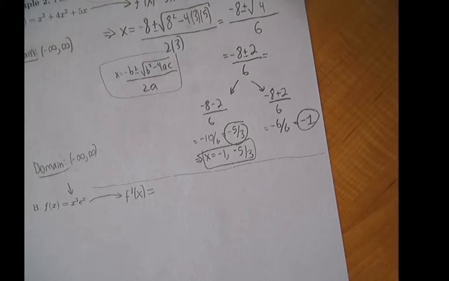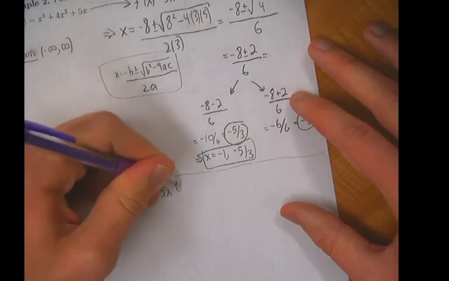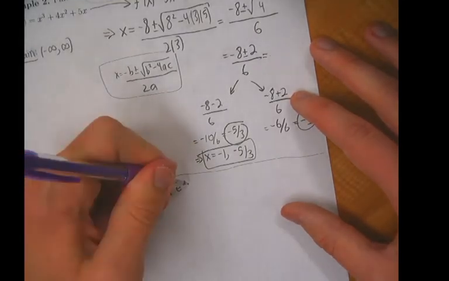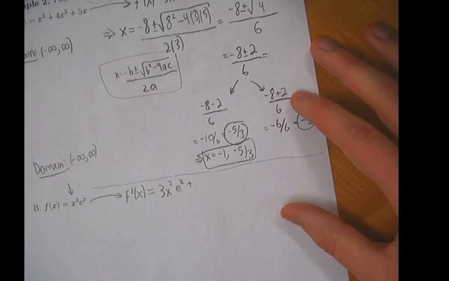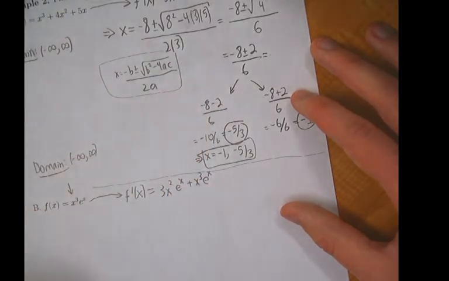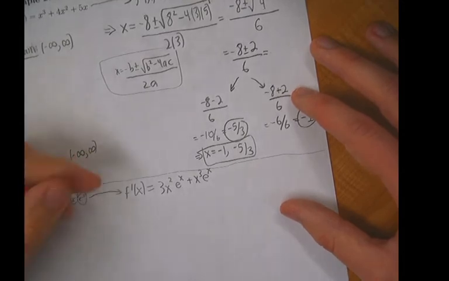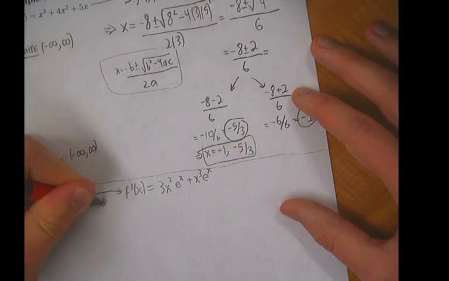That would be 3x squared times e to the x, plus x cubed e to the x, right? Remember, you have one function of x times another function of x, so in this case you need to use the product rule to get the derivative here.